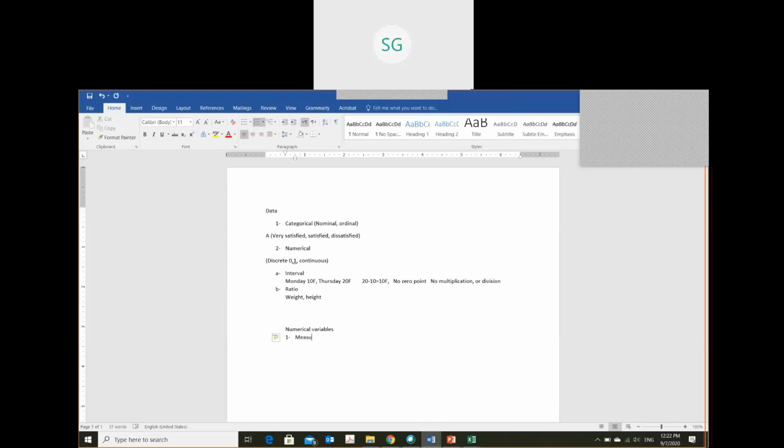Measures of central tendency, like mean, median, mode. We also want to know how spread out our data is, or variability. We use variance and standard deviation.